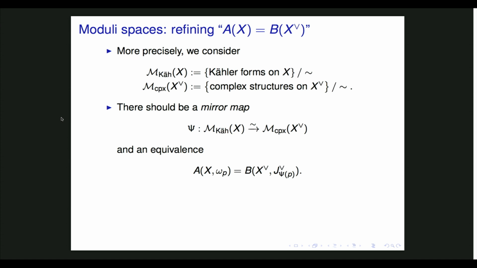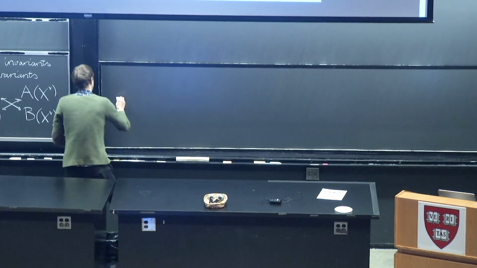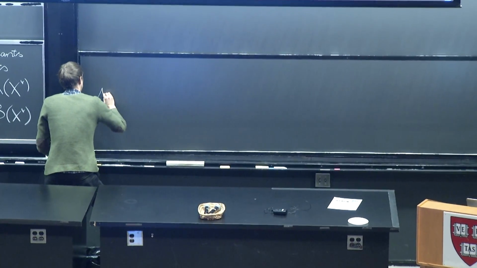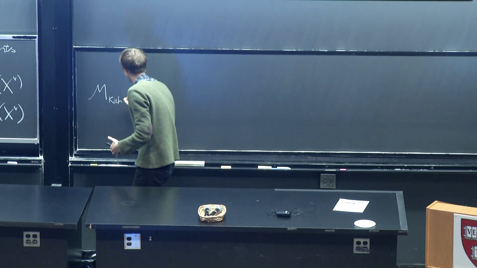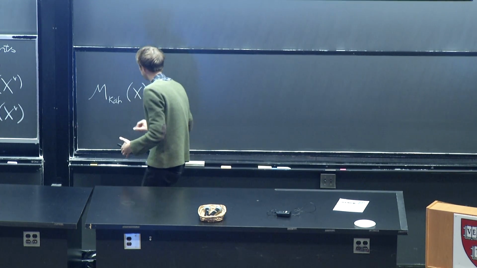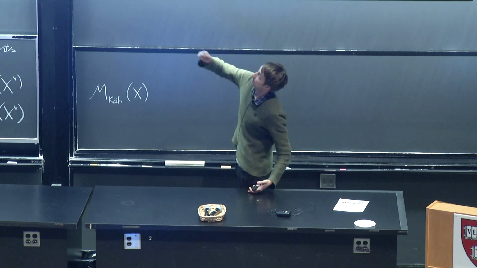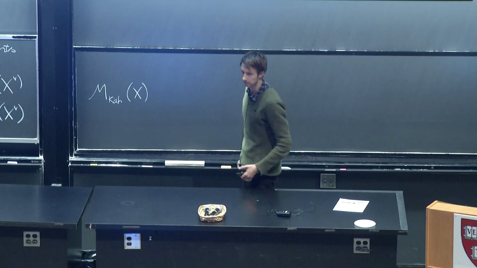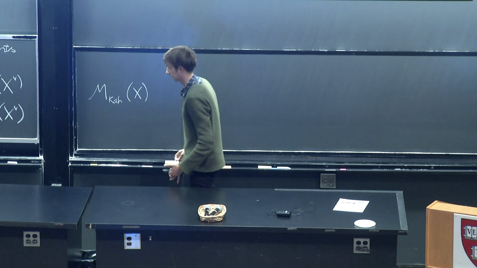All right, but I just want to refine this notion of equivalence of the invariants a little bit, by considering the parameters on which the invariants depend. So the Kähler moduli space of X, M Kähler of X, is the space of all Kähler forms on X up to equivalence.